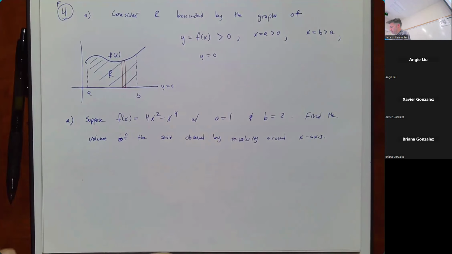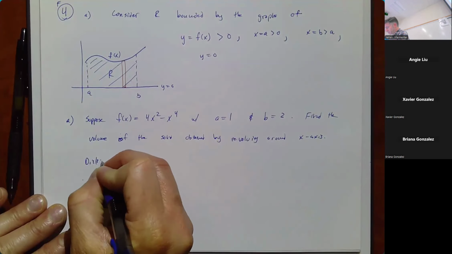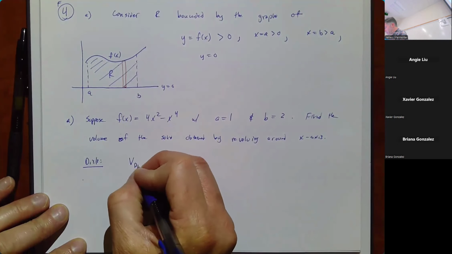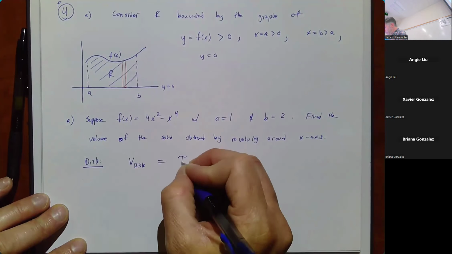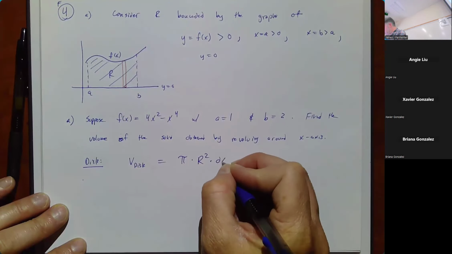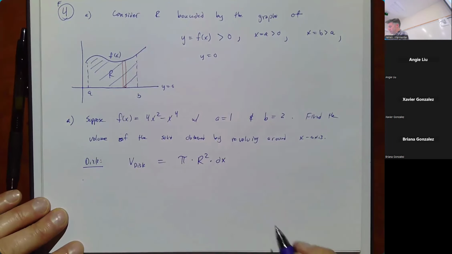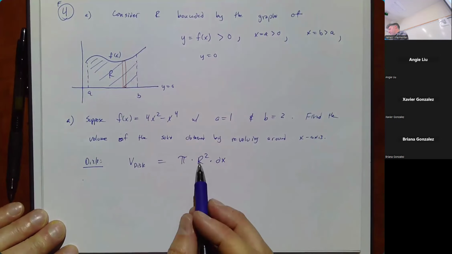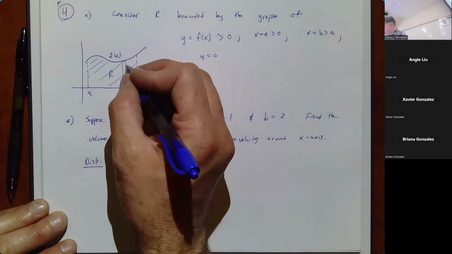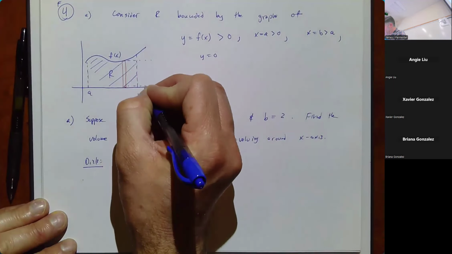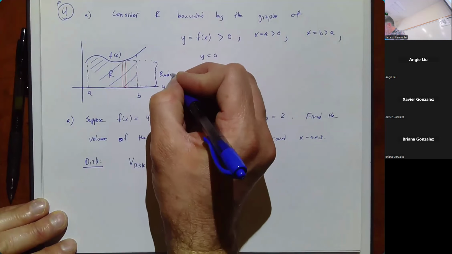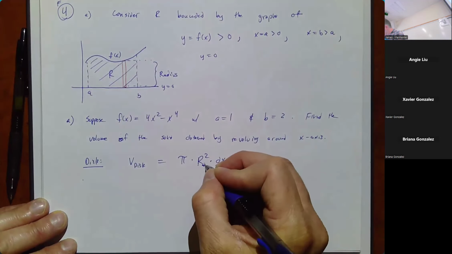So we're using the disk method here, and we're getting that the volume of our disk is pi times your radius squared times your thickness dx. And sorry, I've inappropriately used capital R there when it was used there already. I actually used a little r. I am thinking of this height of our function as our radius.